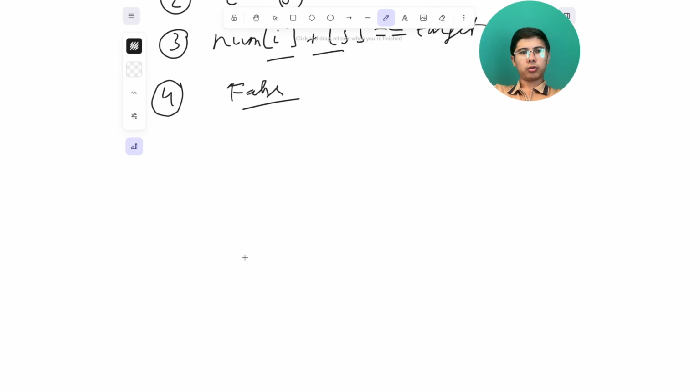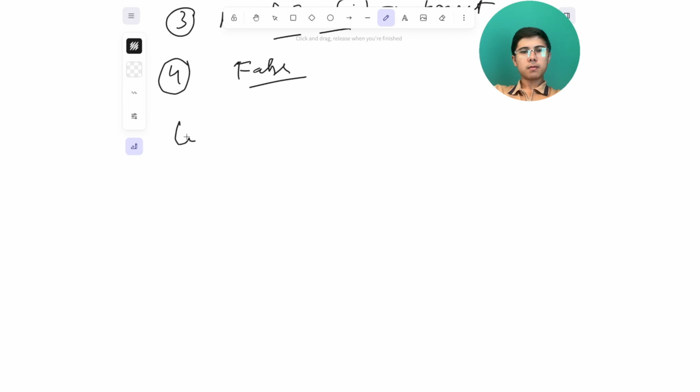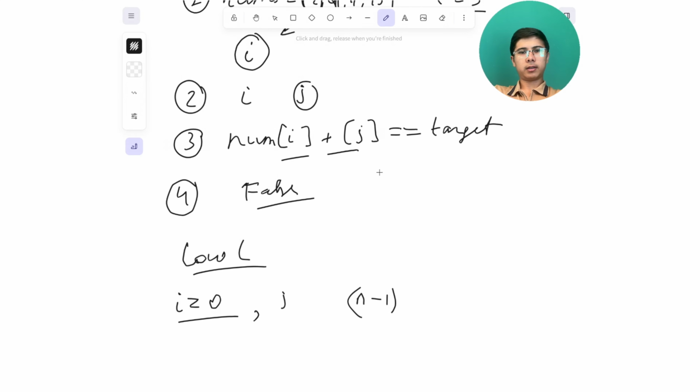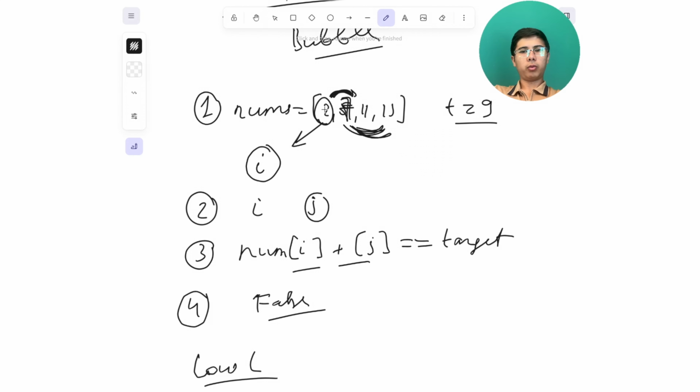So the low-level solution: when i is equal to 0, the j loop checks n minus 1 elements, because we cannot pair an element with itself. Let's say this 2, we cannot check 2 and 2, only 2 with 7, 11 and 15.